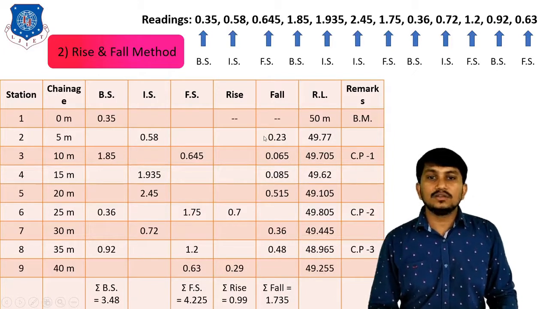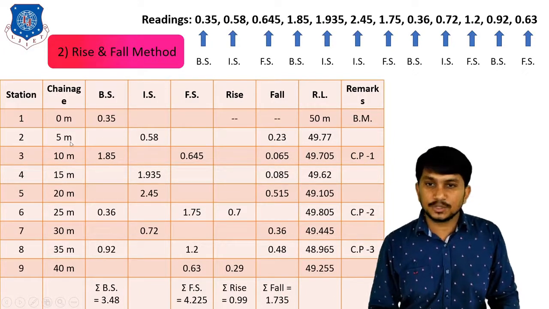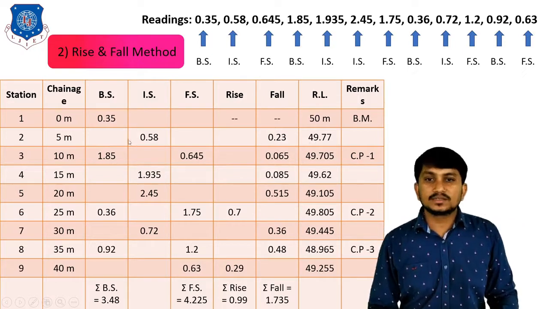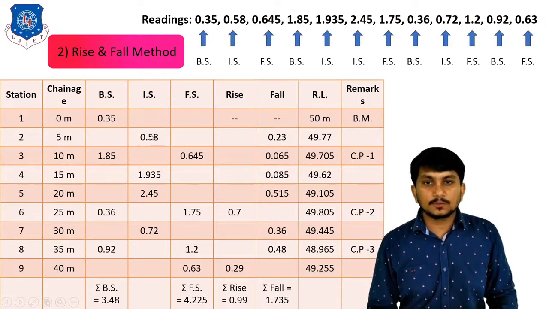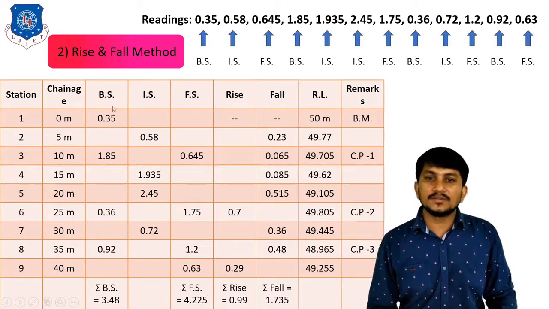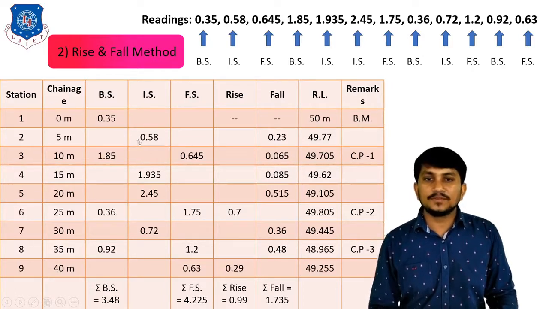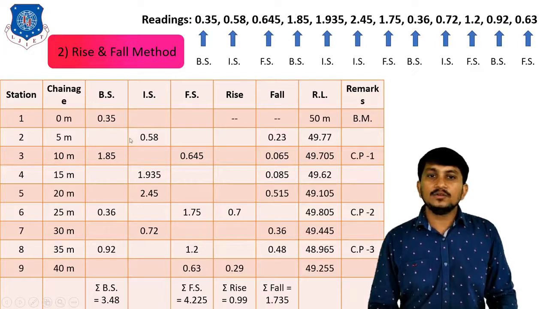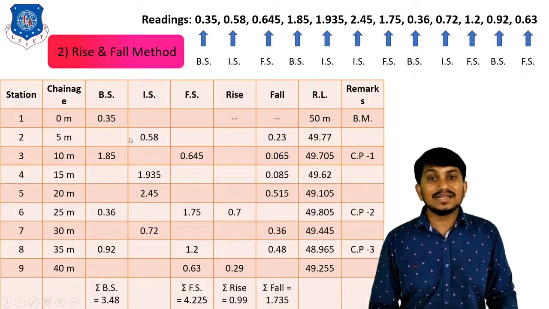To calculate rise or fall of station number 2, we have to deduct the reading of station number 2 from the preceding staff reading, which is 0.35. So 0.35 minus 0.58 gives 0.23 with a minus sign.